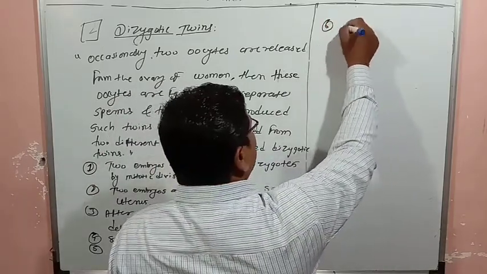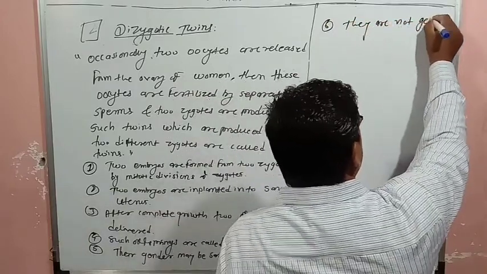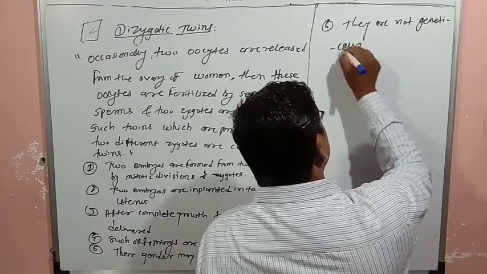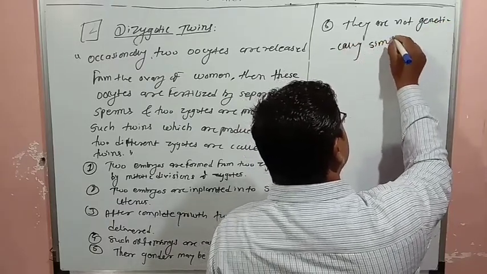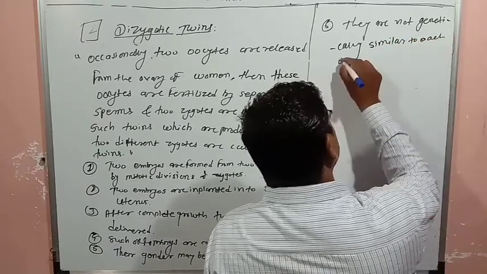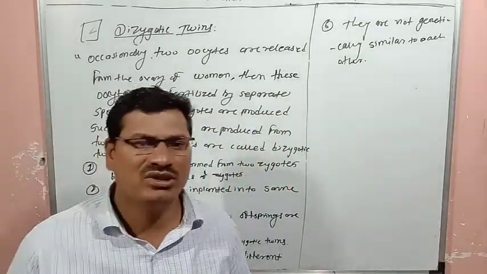And the sixth point, they are not genetically similar to each other. So these are the points related to the dizygotic twins.